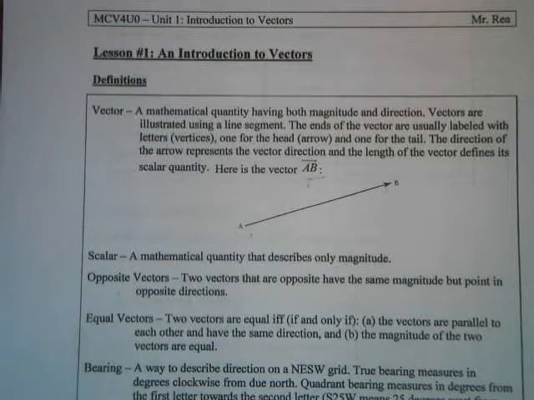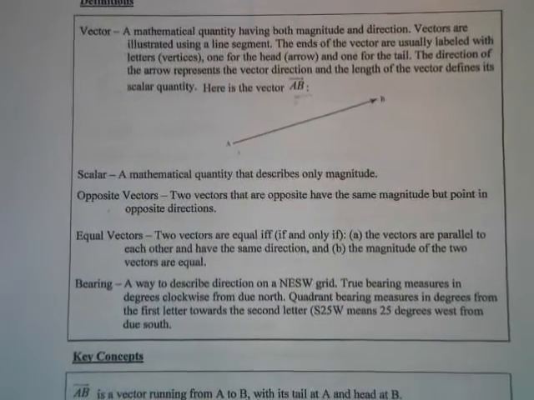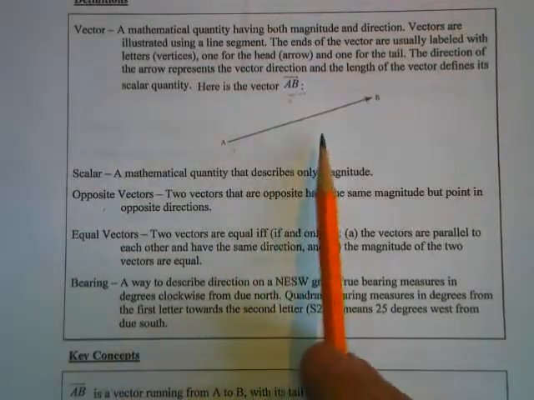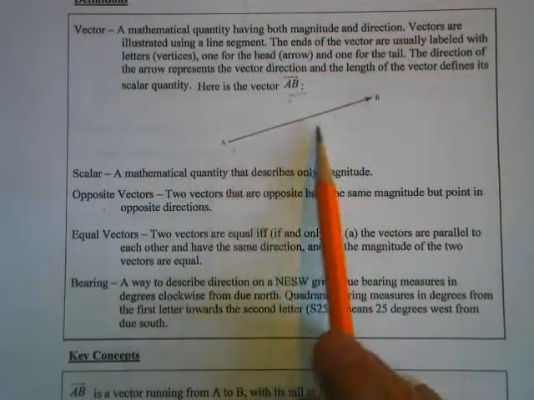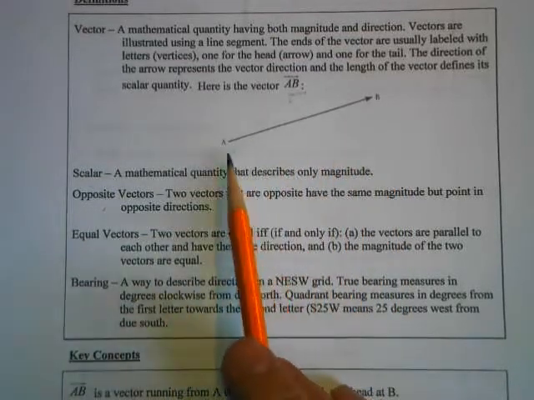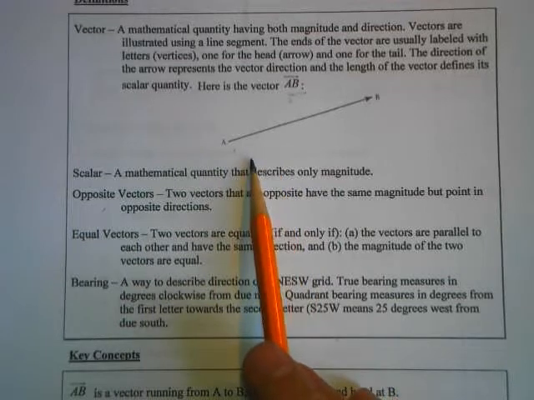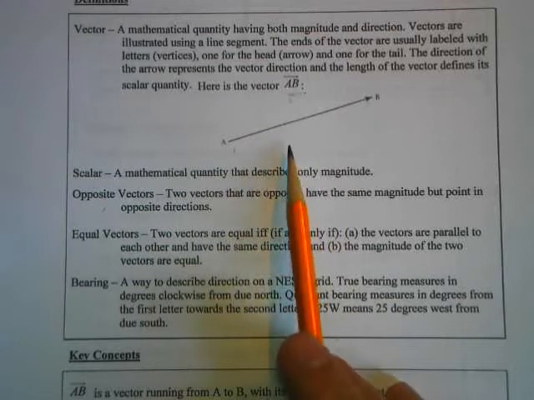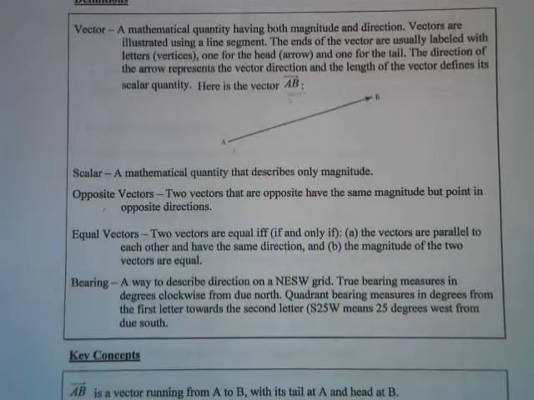When we talk about opposite vectors, there's an important definition. Opposite vectors have the same magnitude, but point in opposite directions. So if I had another vector right beside here that was parallel with the same length, but it was pointing in the opposite direction, maybe vector CD, those would be opposite vectors because they have the same magnitude but the opposite direction.